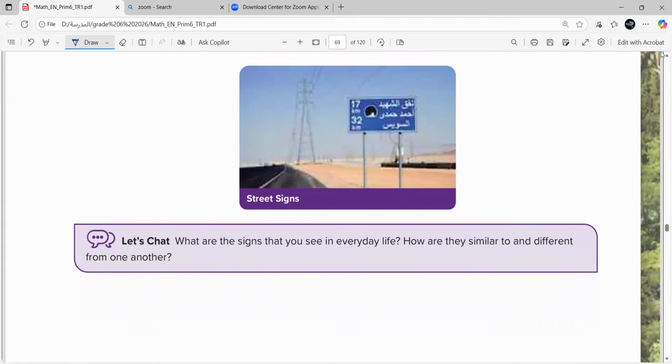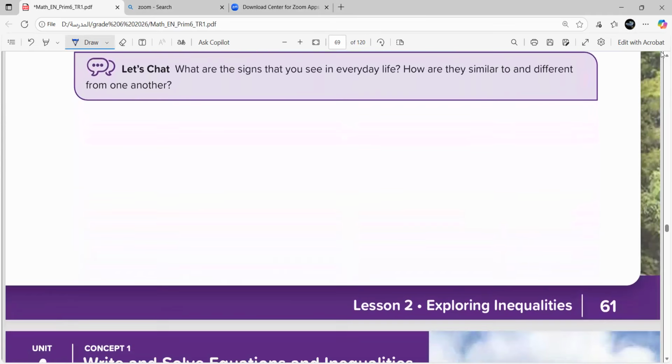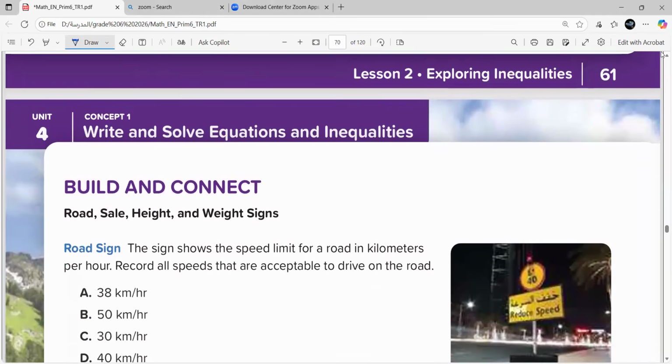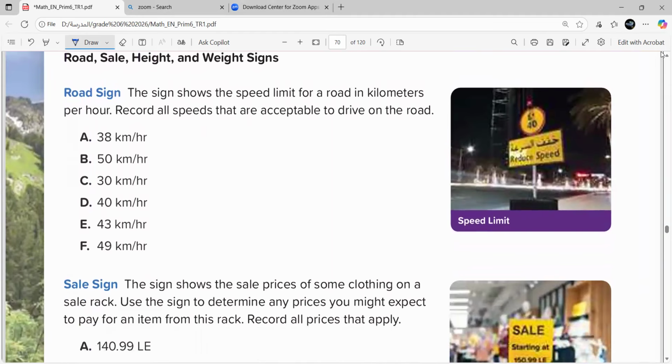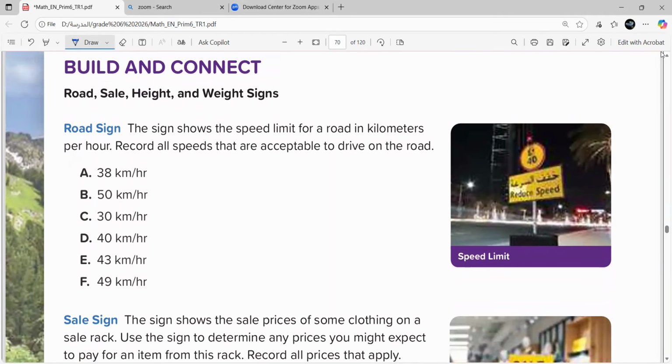Look at this situation, please. Here, next page, page number 62, and read this with me. Look at this picture. This picture is the speed limit on the road. The sign shows the speed limit for a road in kilometers per hour.